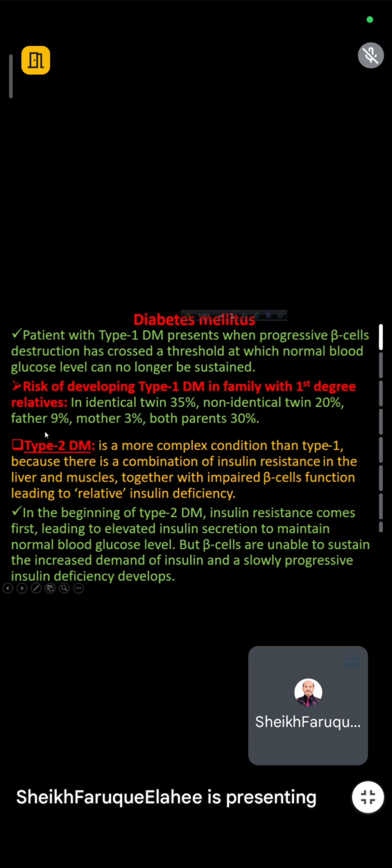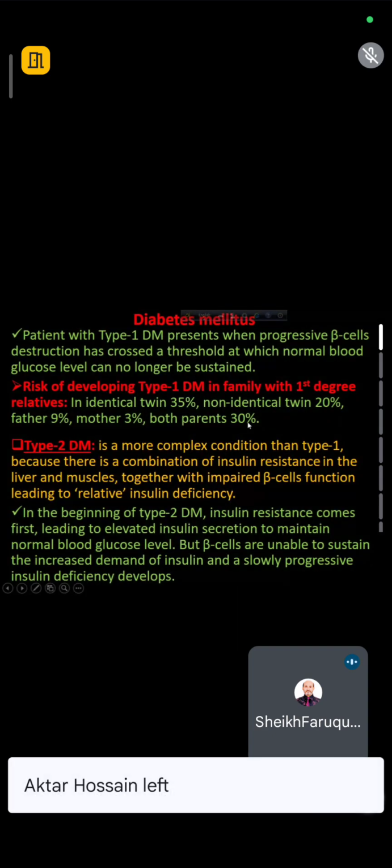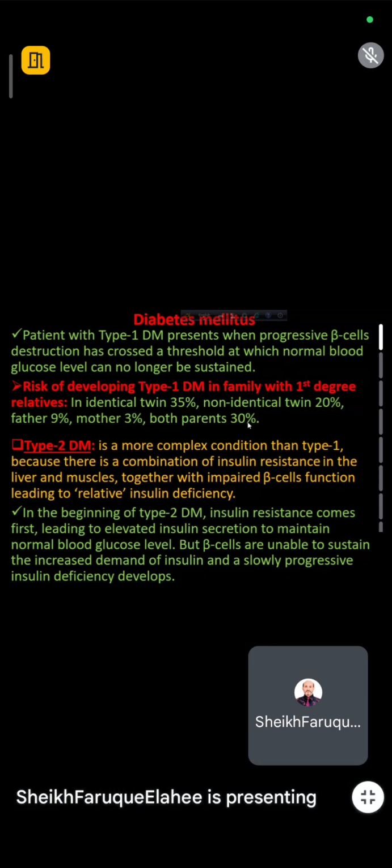If your father has type 1 diabetes mellitus, the son will have a 9% chance. If the mother, 3% chance. If father and mother both have type 1 diabetes mellitus, then the son has a 30% chance. So this is all about type 1 diabetes mellitus.